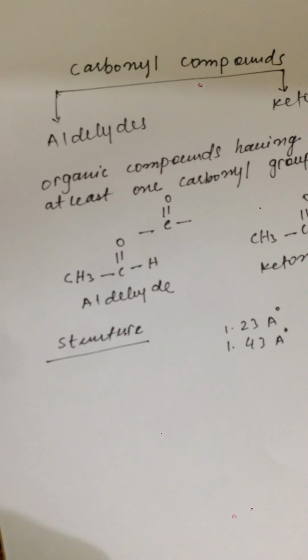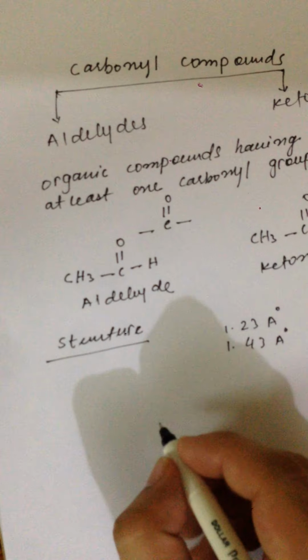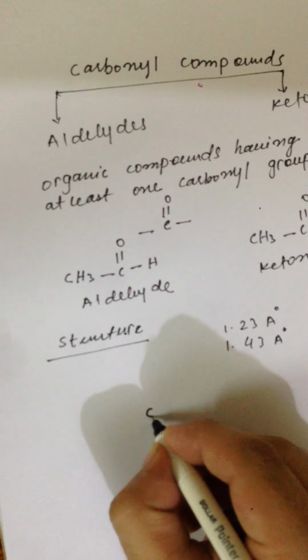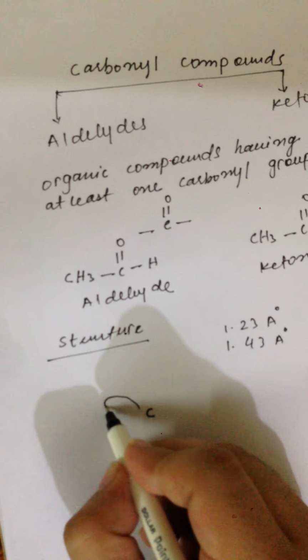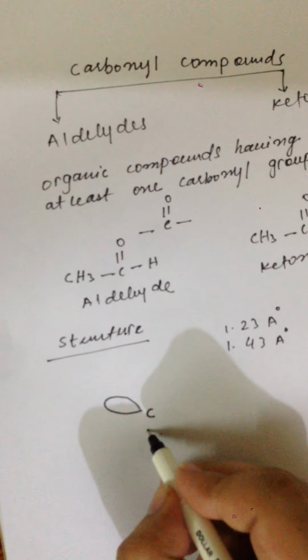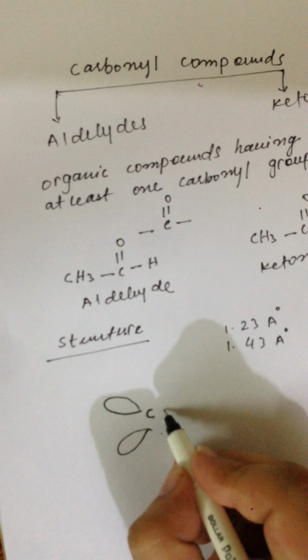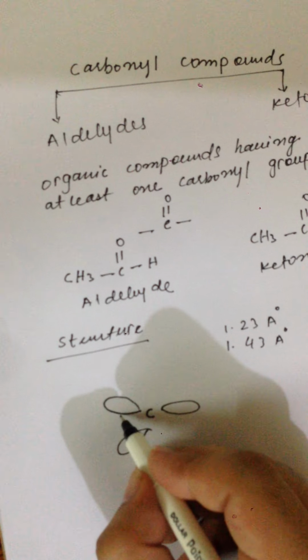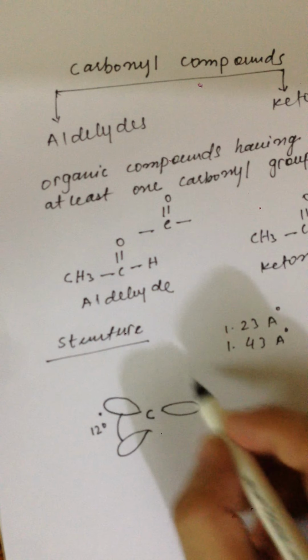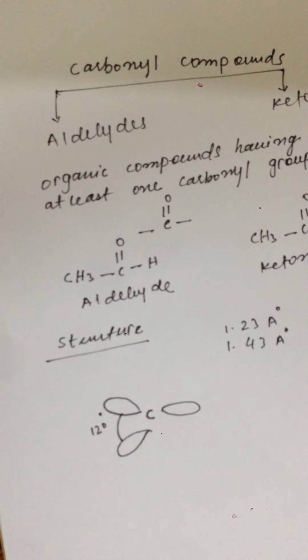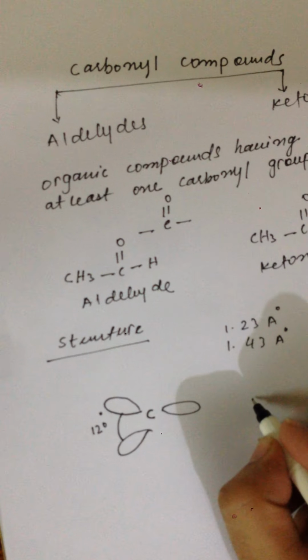So let me draw the structure of carbonyl compounds. This is a carbon atom. It has got three sp2 hybridized orbitals which are lying like this at an angle of 120 degrees. And this is oxygen.